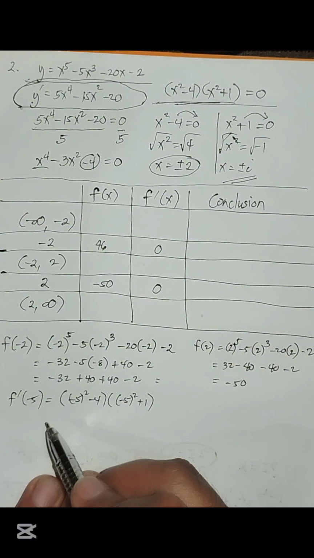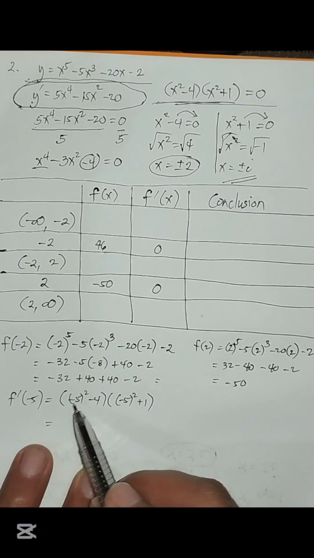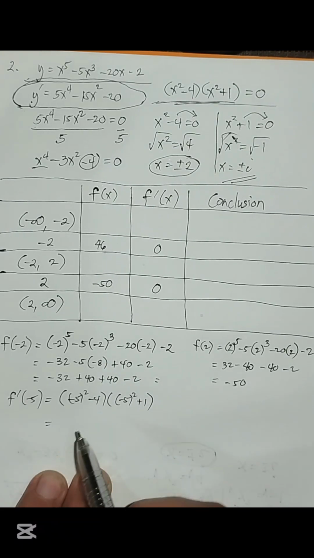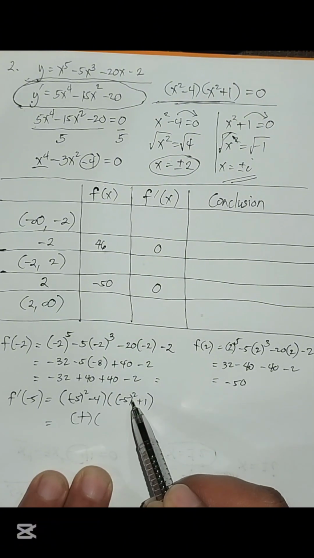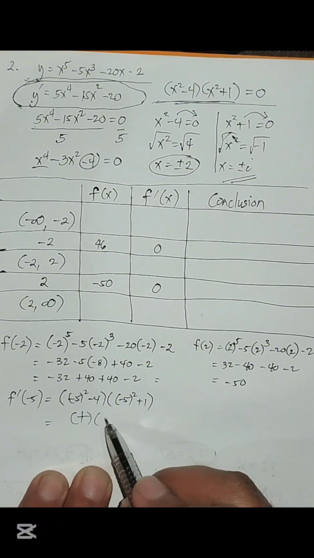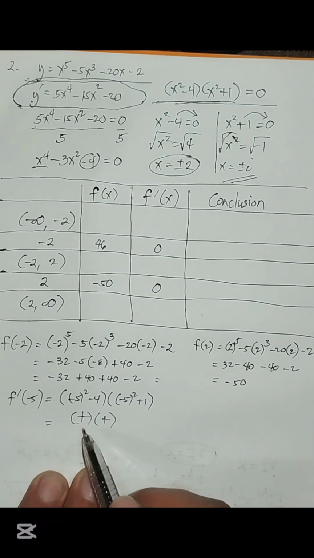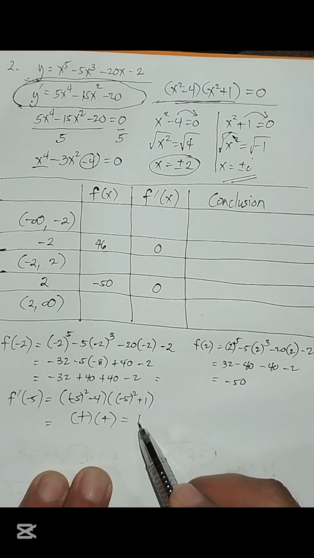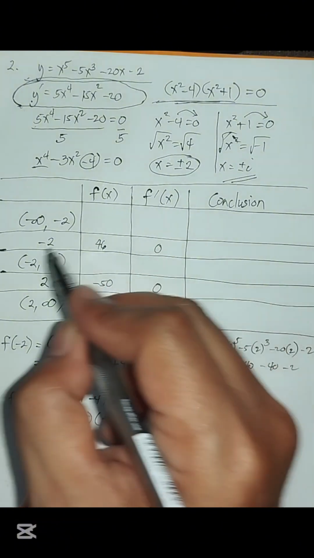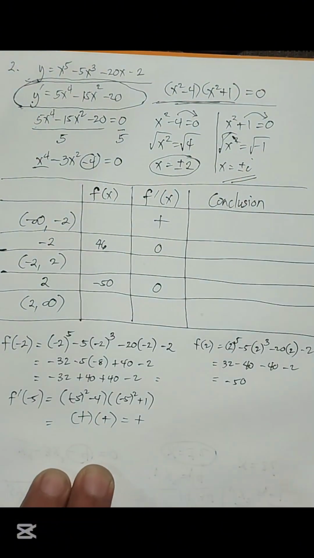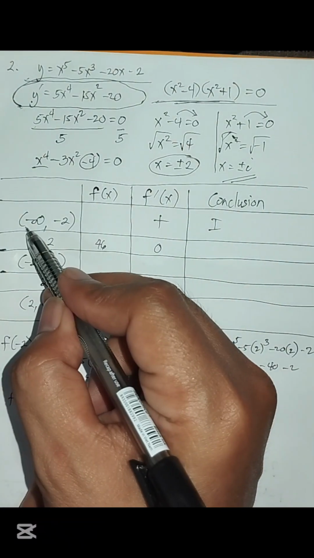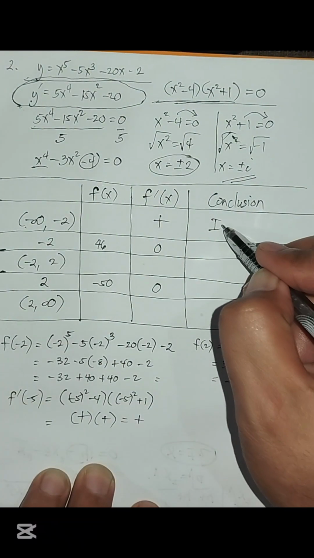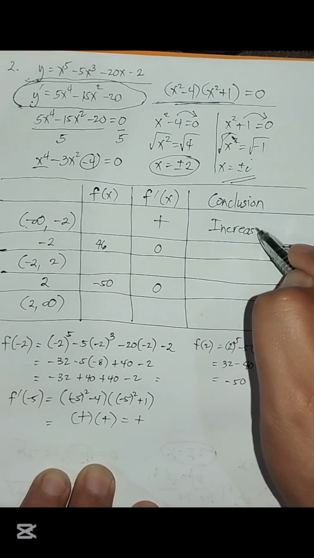Negative 5 squared is positive 25, minus 4, so the sign is positive. For this part, negative 5 squared is 25 plus 1, so the sign is also positive. We multiply two positives, and the answer is positive. So to the left of negative 2, we have positive. Therefore, the conclusion is that in the interval negative infinity to negative 2, f is increasing.